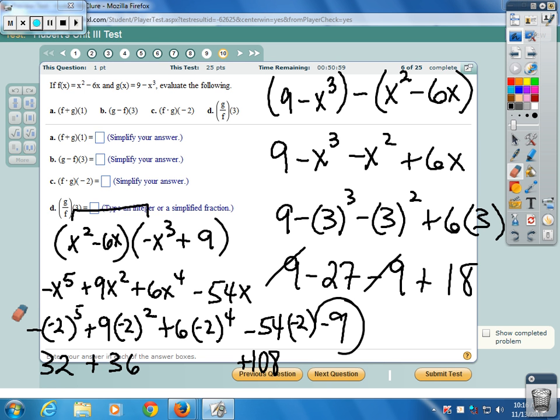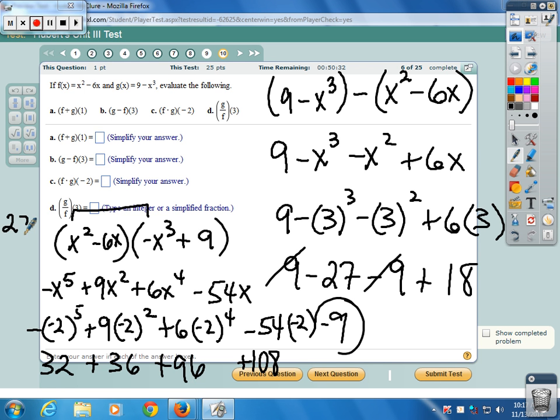Negative 2 to the fourth power is 16. 16 times 6 is what, 96? Yep. Plus 96. 100 plus 100, huh? 272. Okay, sounds good to me. 272.